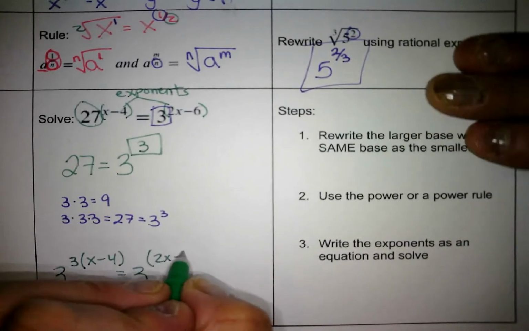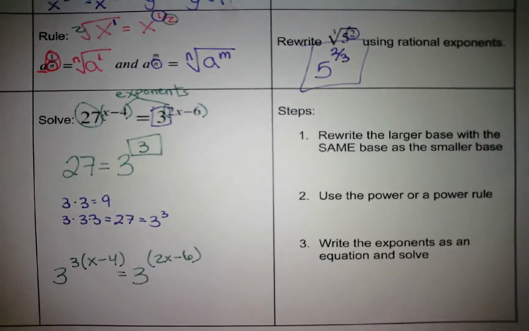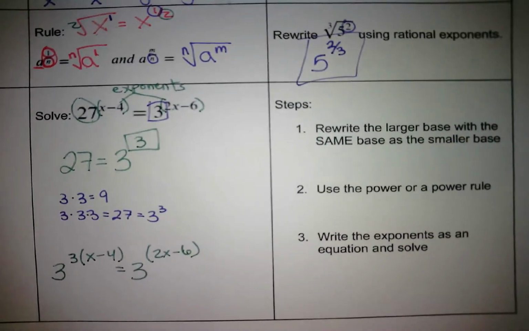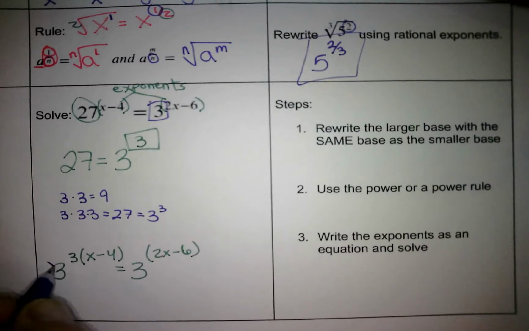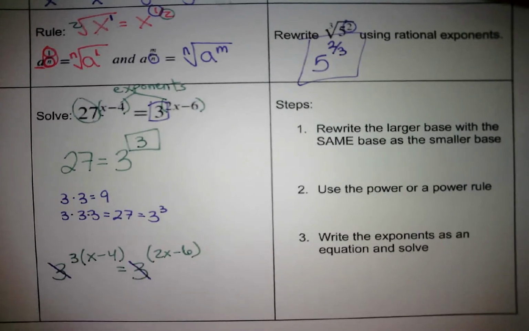Now it says use the power rule. What this really means is that these right here are going to cancel out. They're going to go away because they're the same base. So same bases cancel.